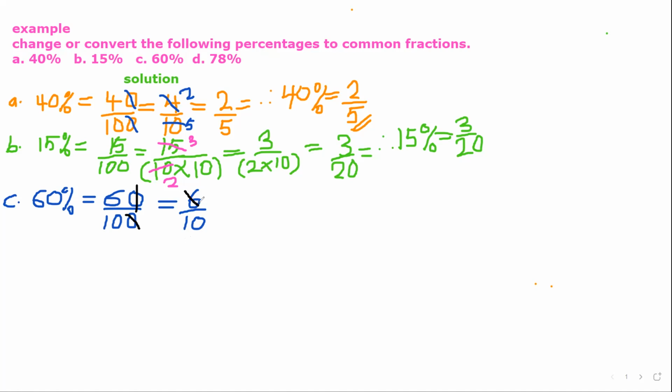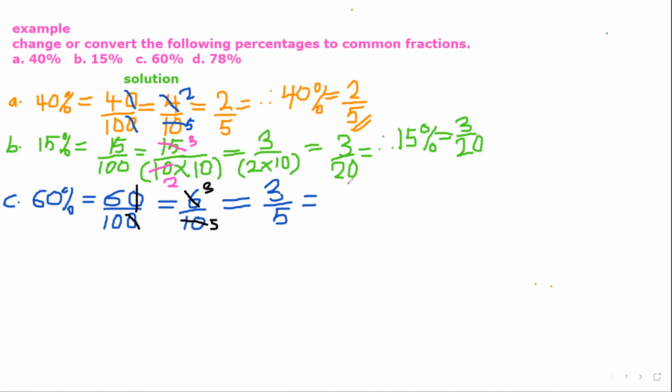So 2 cancels 6 three times, okay? And 2 cancels the 10 five times, okay? Good. Now the remaining numbers here are 3/5. Okay, 3/5. For 3/5, there's no way you can get a number to cancel 3 and 5 at the same time.